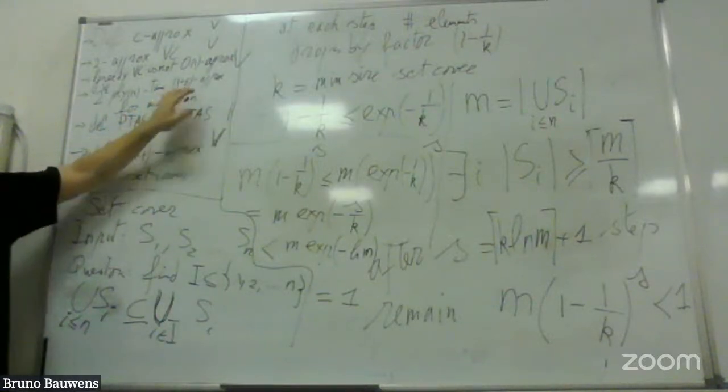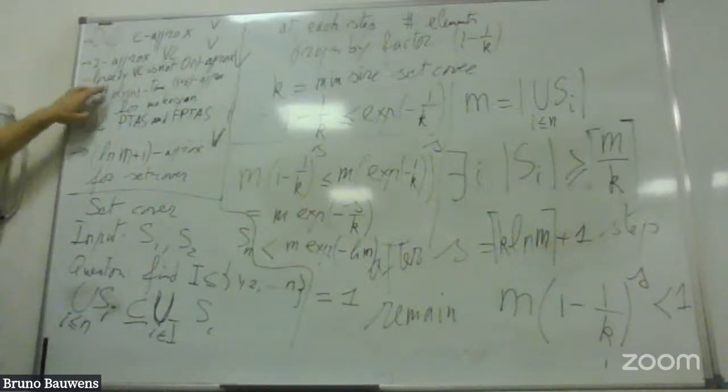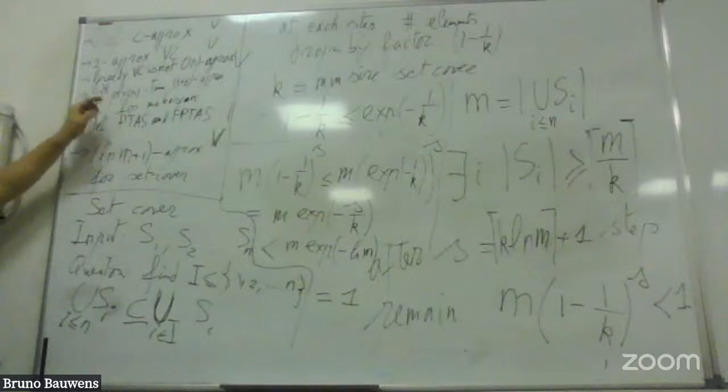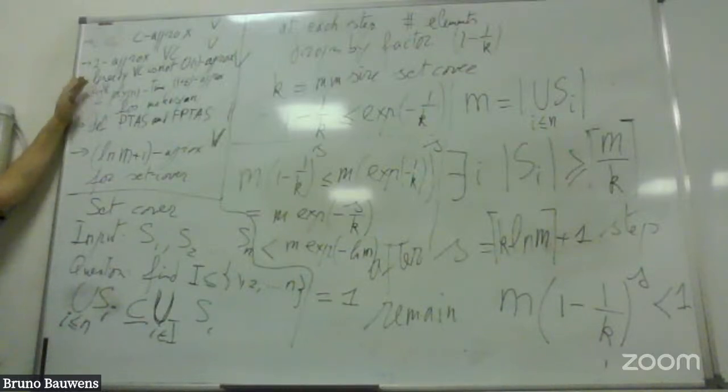And the runtime is 2 to the power 1 over epsilon times a polynomial in n, the number of numbers we get. So if you need an algorithm that works for epsilon 0.1, then the runtime is 2 to the power 10 times some polynomial, and it might be doable.